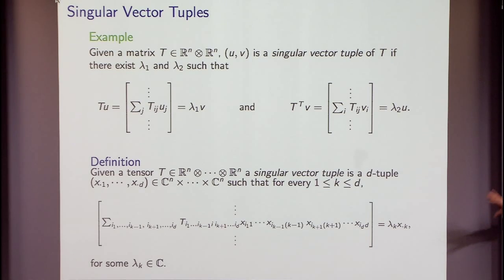This is exactly analogous to the matrix case, but now it has many indices. But it shouldn't be that much more complicated. If these equations hold, then x1 through xd is a singular vector tuple of T.